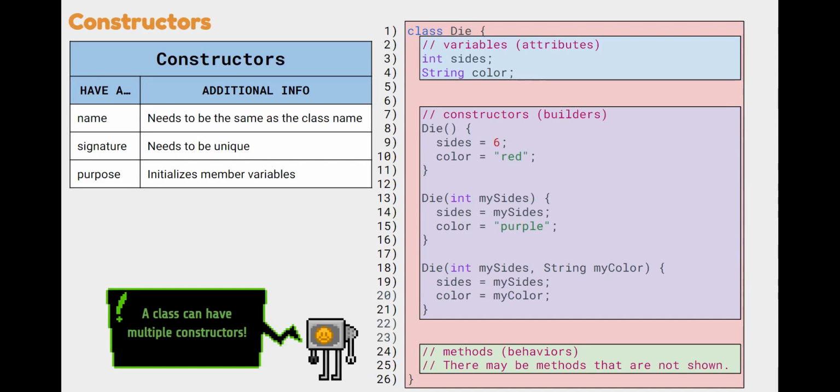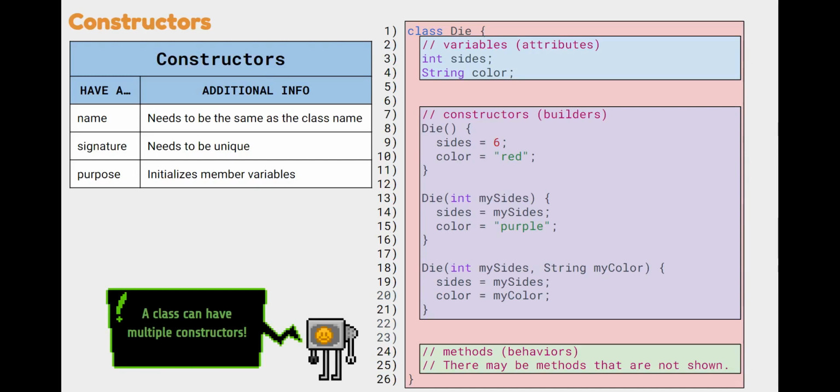Each constructor needs to have a signature that needs to be unique. We will look at signatures more in depth in a later topic. But if we look at line 8, line 13, and line 18, each one of those is different. And a constructor needs to have a purpose. Its purpose is to initialize the member variables.